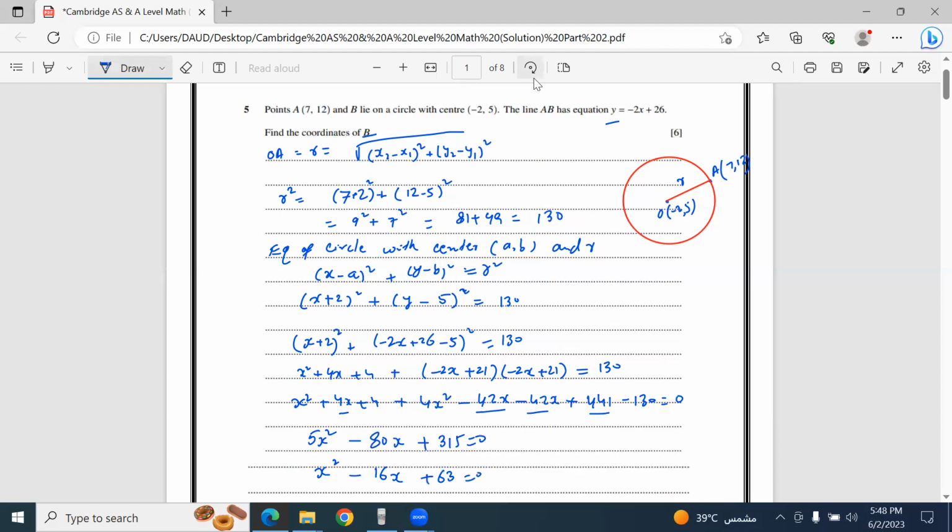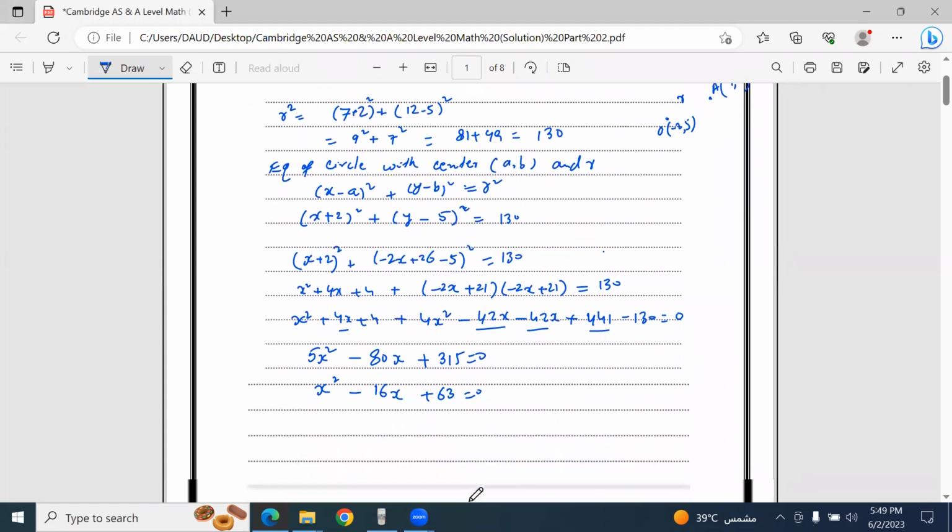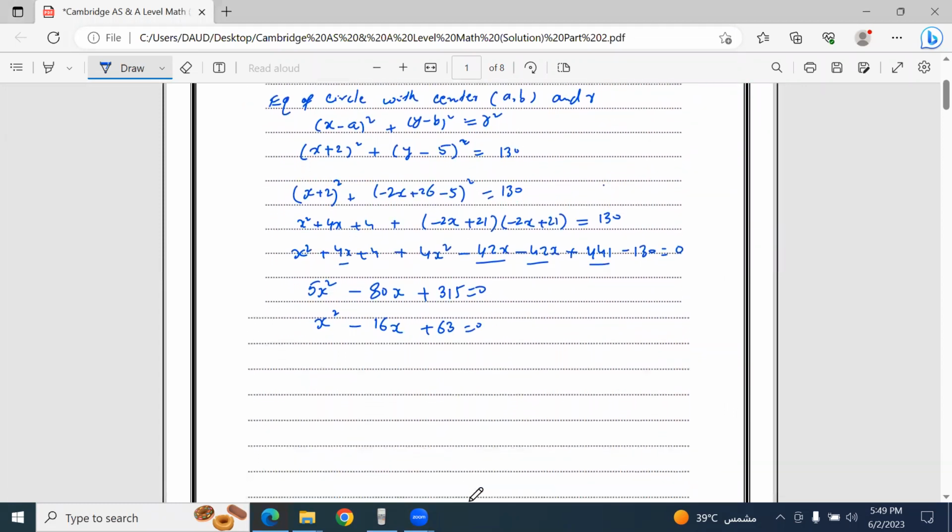Now we move on to the next part, to find the value of x by using the factorization concept or the quadratic formula. Factorization can work here also. If you see, the product is 63 and the sum is minus 16, so 9 and 7 will work for us.